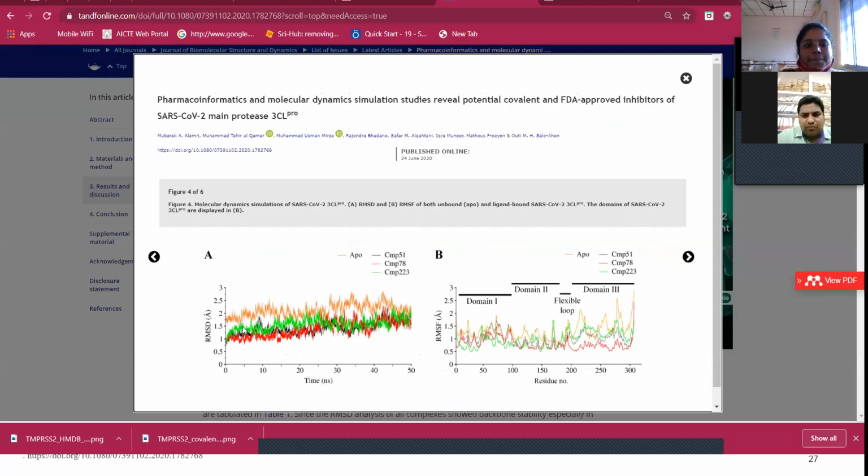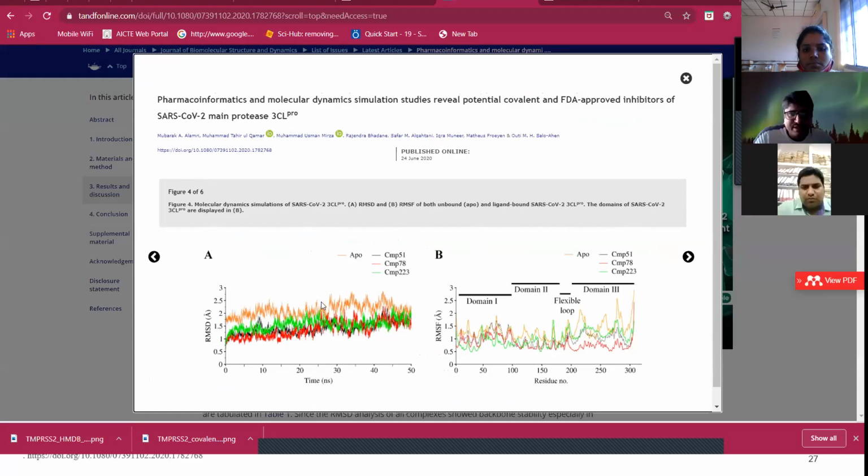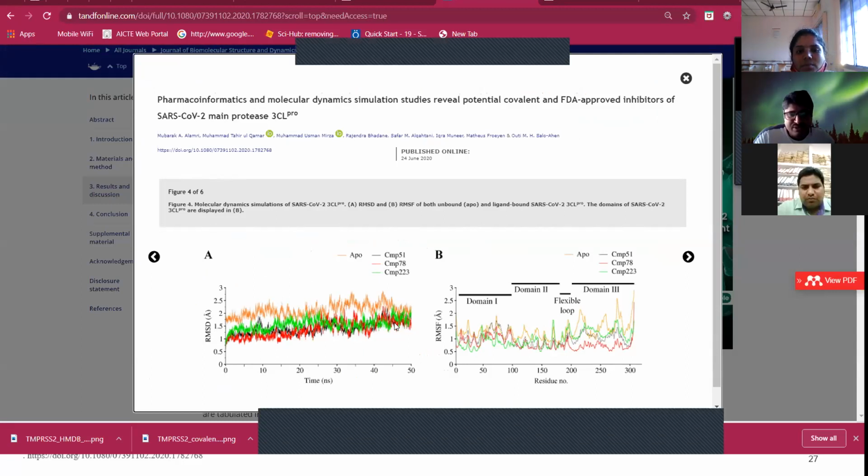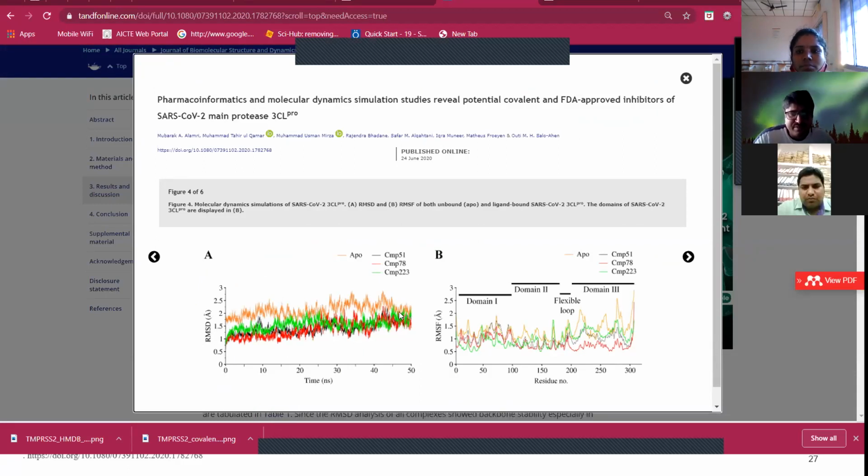So if you see here, at the initial stages the RMSD is not stable, and the energy is increased, up to about 25 nanoseconds. Up to 25 nanoseconds the trajectories stabilize, and at the end of the simulation all the simulations are stabilized and the RMSD is at a stable state.